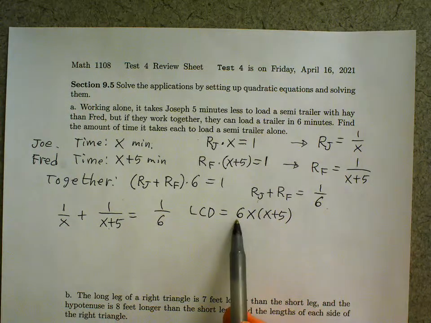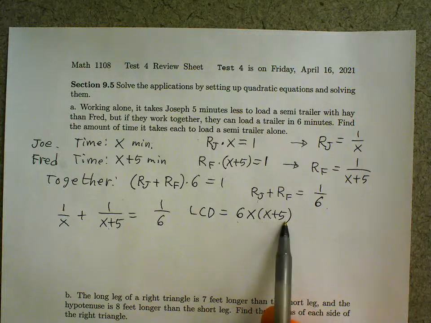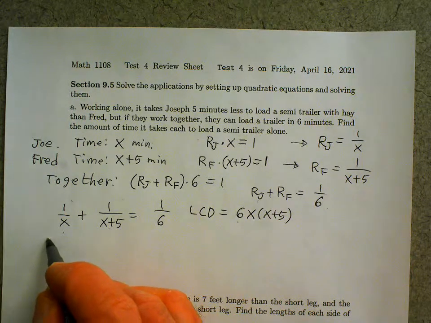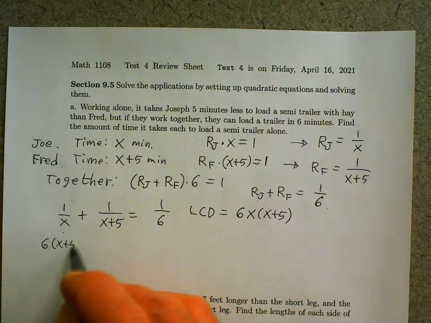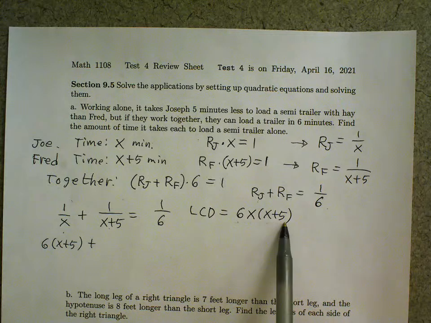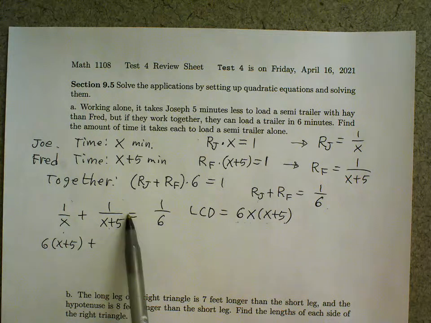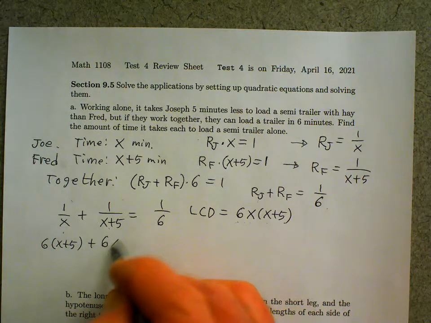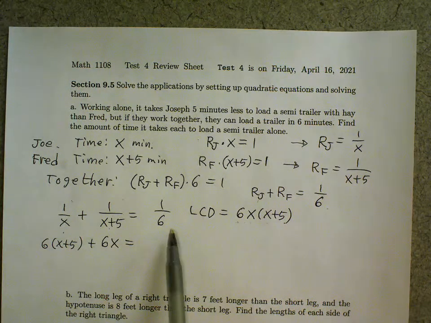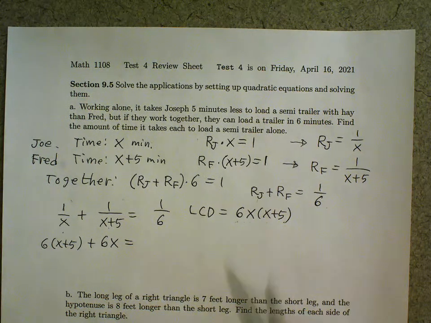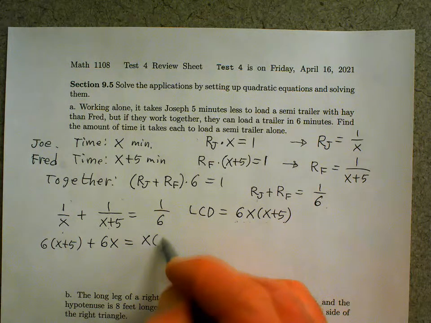When we multiply 6x times x plus 5 times 1 over x, the x's cancel, and we'll be left with 6 times x plus 5. When we multiply the least common denominator by 1 over x plus 5, the x plus 5 factors cancel, so we're just left with plus 6x. And then on the right-hand side, multiply 1/6 times the least common denominator. The 6's cancel, so we're just left with x times x plus 5.